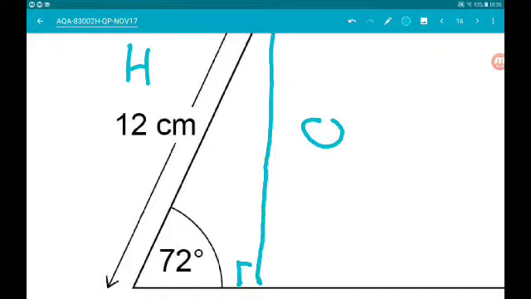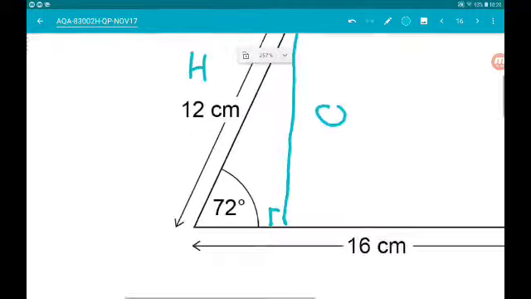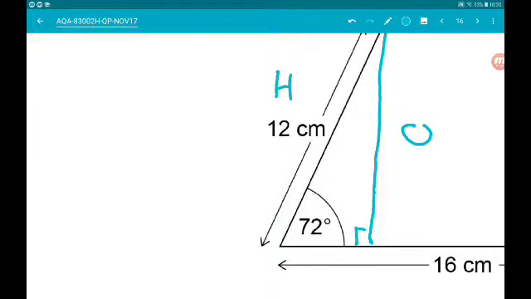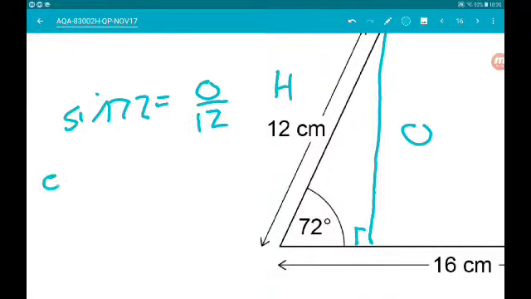So to SOHCAHTOA again, S-O-H, yes. So we know sine 72 is O, or the height, over 12. So O is 12 sine 72.